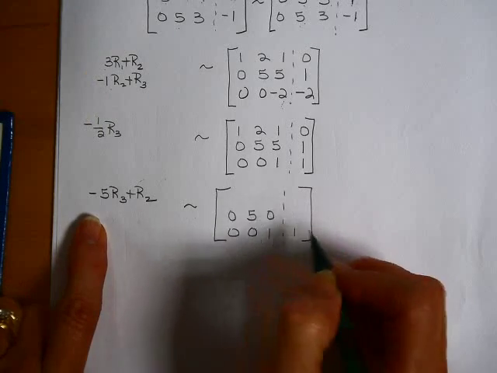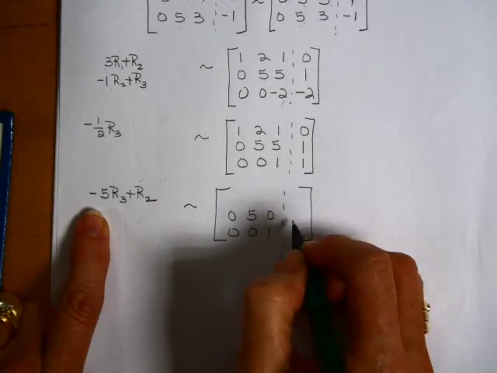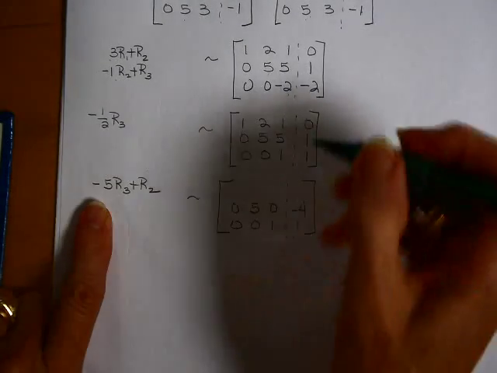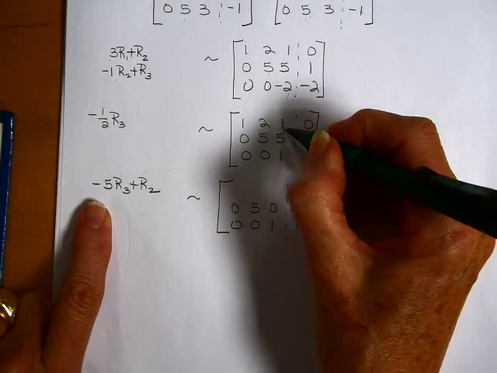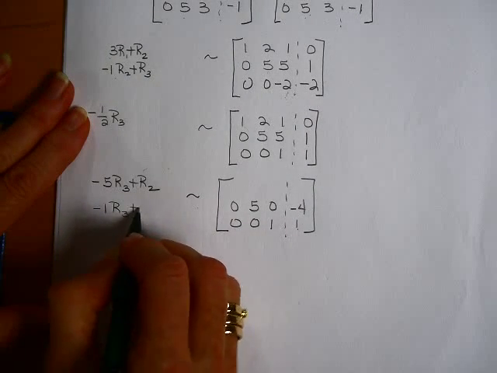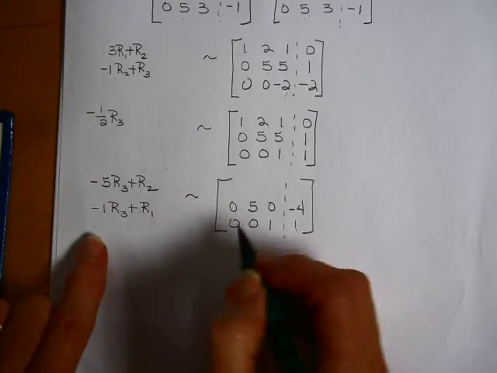Negative 5 and 5 is 0. Negative 5 and 1 I think is a negative 4. While I'm at it, I need to get rid of this one. So I need to multiply negative 1 times row 3 and add it to row 1.